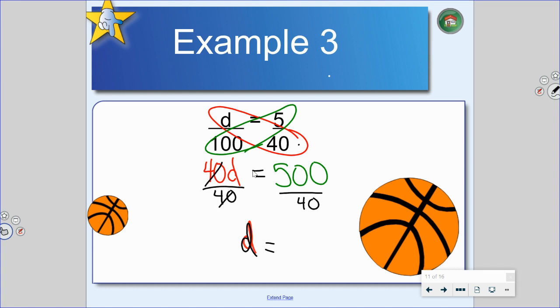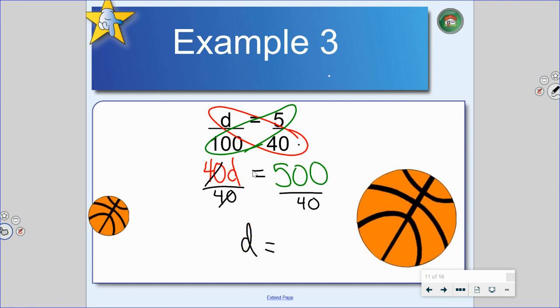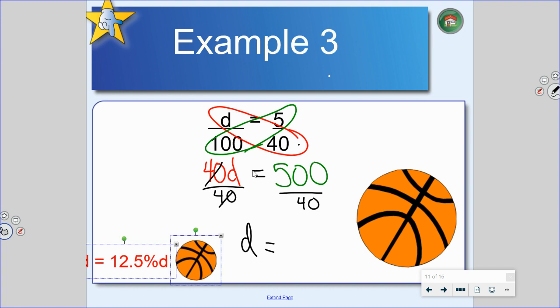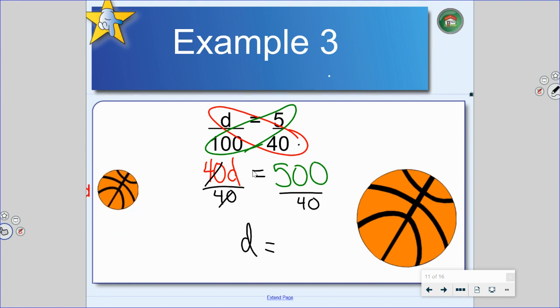And in this case, it does end up being quite nicely. Where's my answer? I'll just write it this way. 12.5%. And since it was a decrease, let's make sure to write the D next to it. Or you could just write the word decrease.